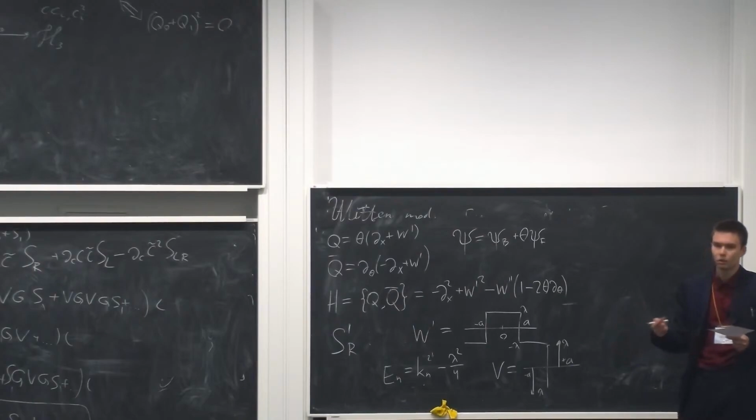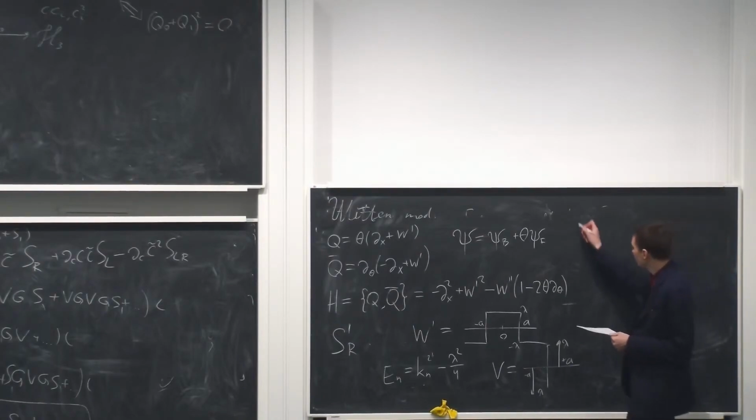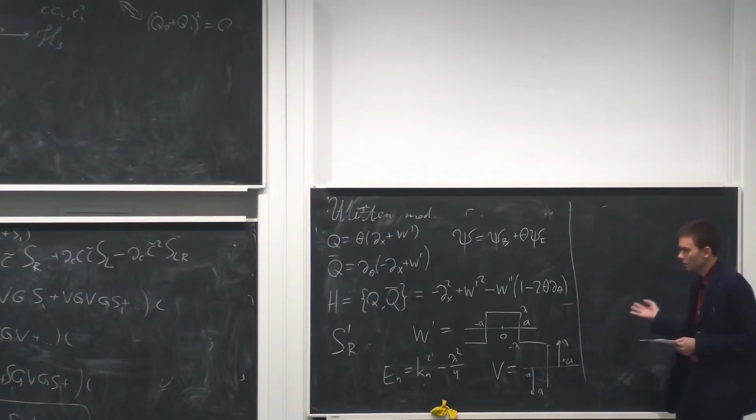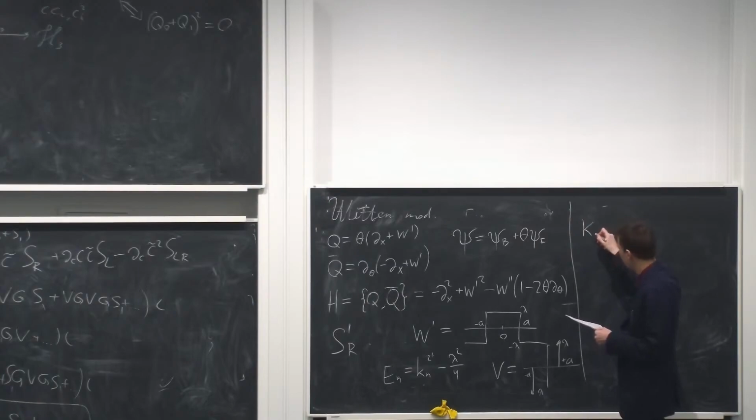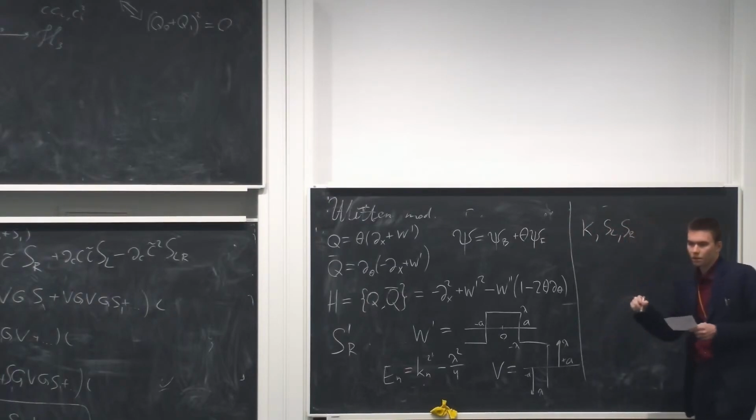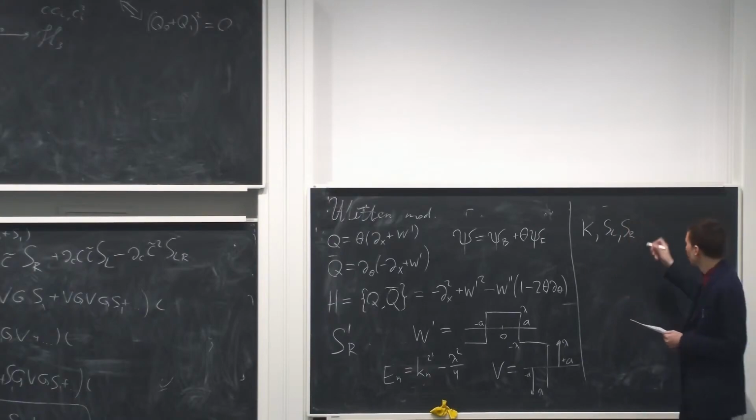In this setting, we check that our relation holds. And our calculations, obviously I'm not going to give any details, it's simple stuff. But the important thing is that all these operators K, SL, and SR, they're matrix elements.